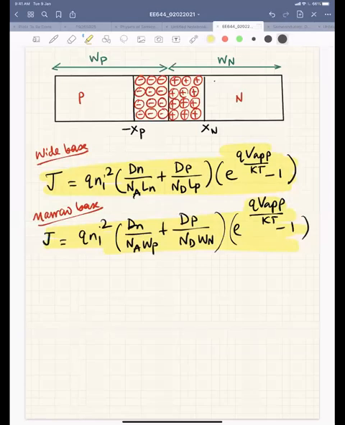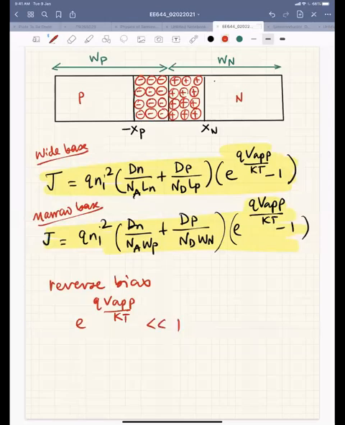So today we'll mostly focus on the reverse bias. In the reverse bias, your e to the power qV/kT will be less than 1.